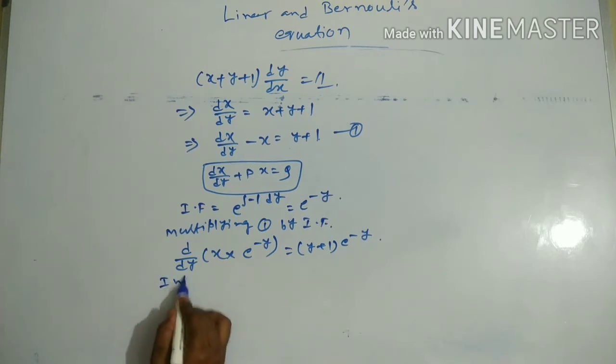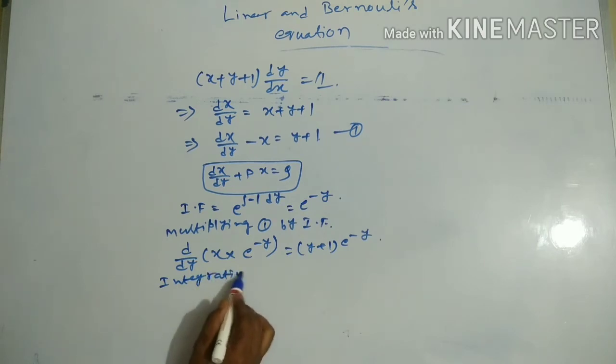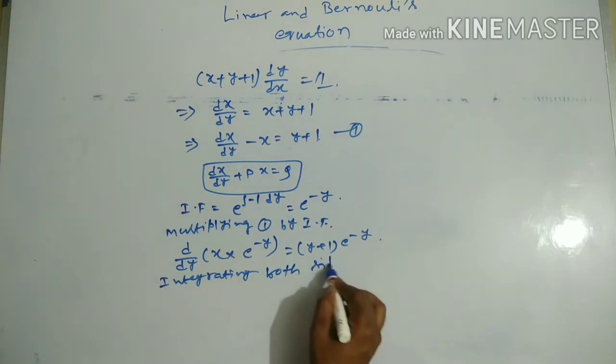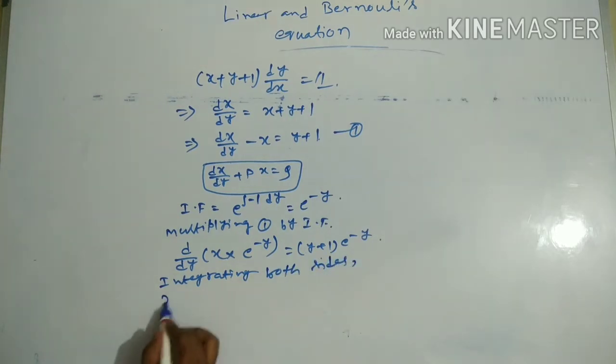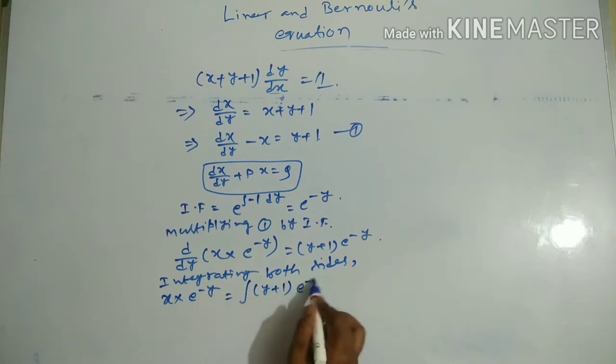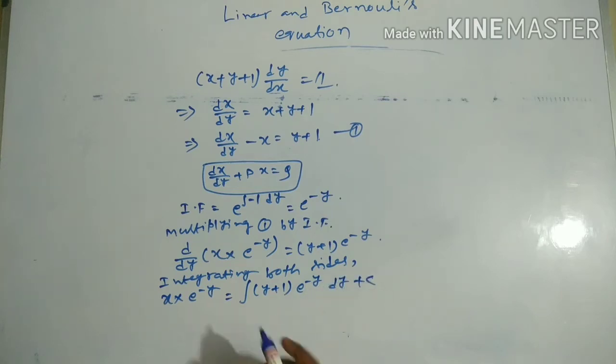So integrating both sides, we get x into e to the power minus y equal to integration of y plus 1 into e to the power minus y dy plus c, where c is an arbitrary constant.